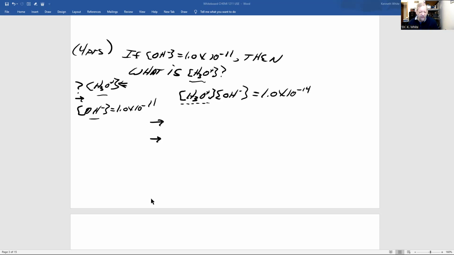How do you solve for hydronium ion concentration? You want it alone on one side. So I have to get rid of the hydroxide. Remember, anything divided by itself equals the number one. It's canceled out. So how do I get rid of hydroxide on one side? I divide by it.